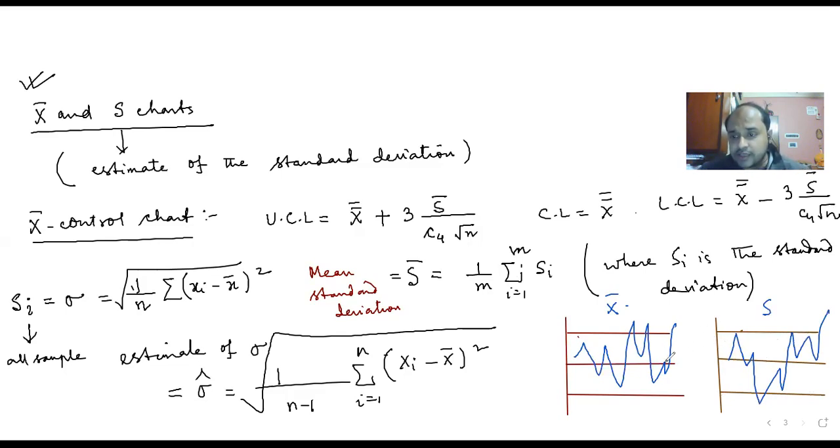The togetherness of these two things will be studied, and accordingly we try to eliminate the assignable causes and chance causes if there is any from our system, so that in the future we get better manufacturing products from the company.